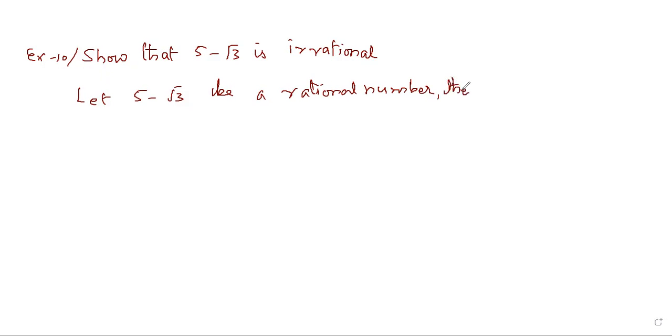Then we can write 5 minus root 3 equal to p upon q, where p and q are co-primes, but this co-prime condition will not play any role here. Like the previous question, q is not equal to 0.